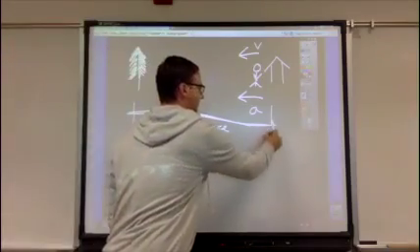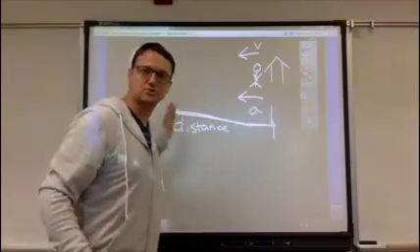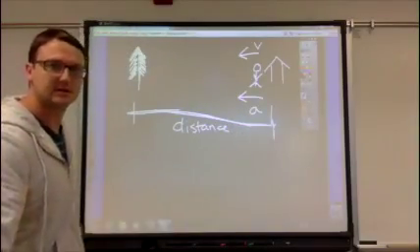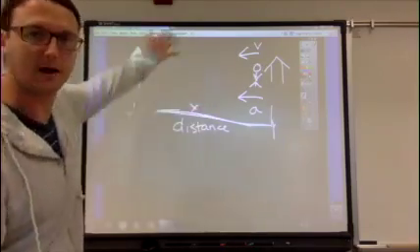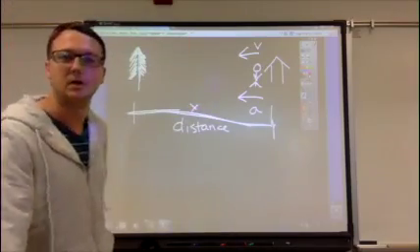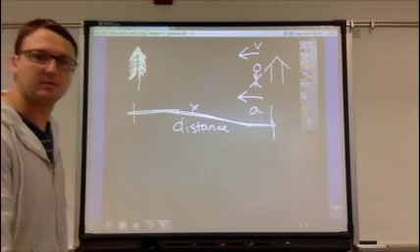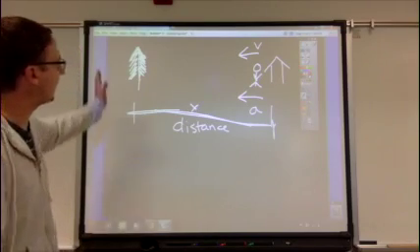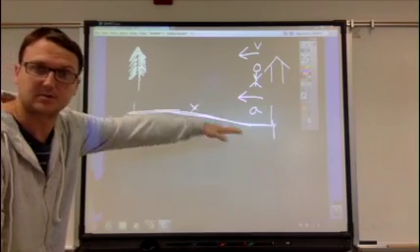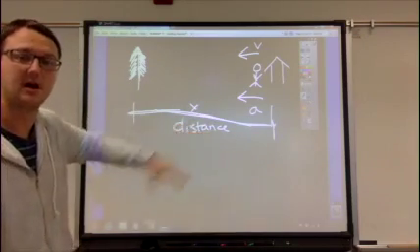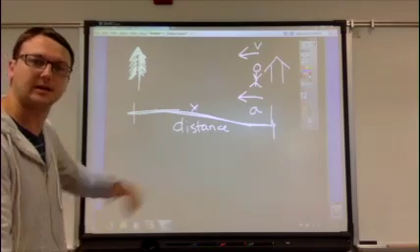From here to here, he's traveling a certain distance, and we'll call that x. So this would be a free body diagram for motion, for the moving man. What that shows us is that we have direction of velocity, direction of acceleration, and a distance that he's going to be traveling. So we can get some information.